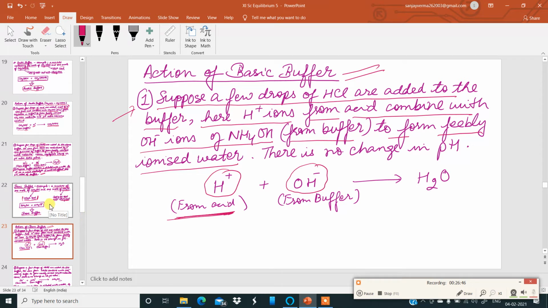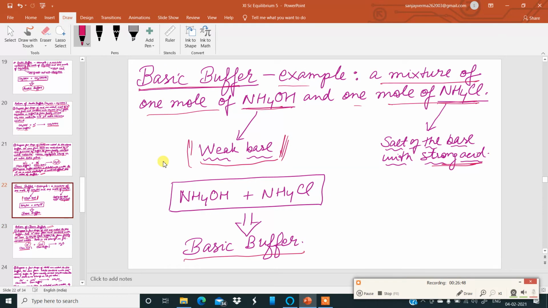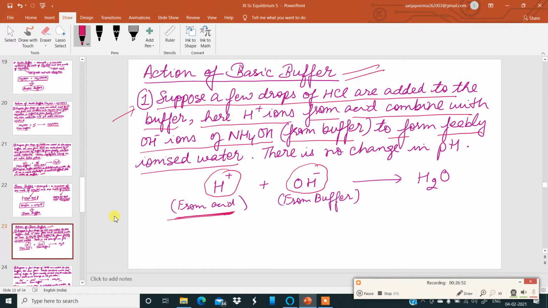This buffer is made by mixing ammonium hydroxide and ammonium chloride, so this hydroxyl is over here. So what is happening? The hydrogen ions from the acid react with the hydroxyl ions from the buffer and produce feebly ionized water molecules, resulting in no change in the pH. If there is change also, that is negligible, very, very small.